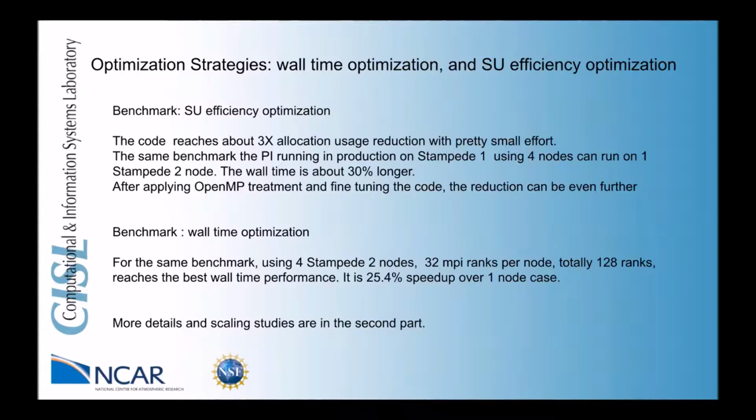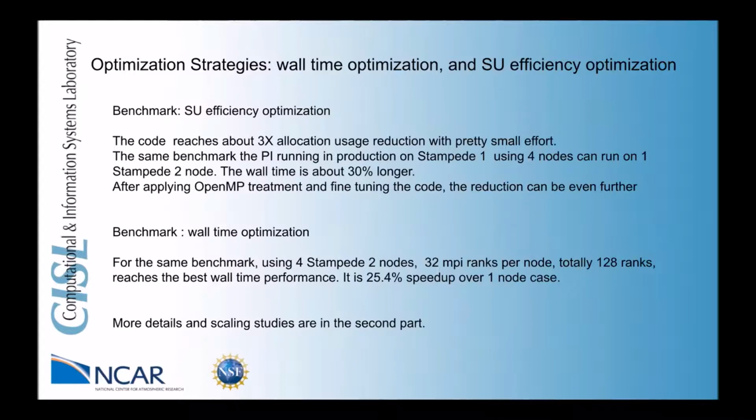And on Stampede2, we can use 64 cores on one node. The wall time is just about 30% longer, so we just use about 1/3 of the allocation as previously. After applying the OpenMP treatment and fine-tuning the code, like the vectorization, the reduction is even further.